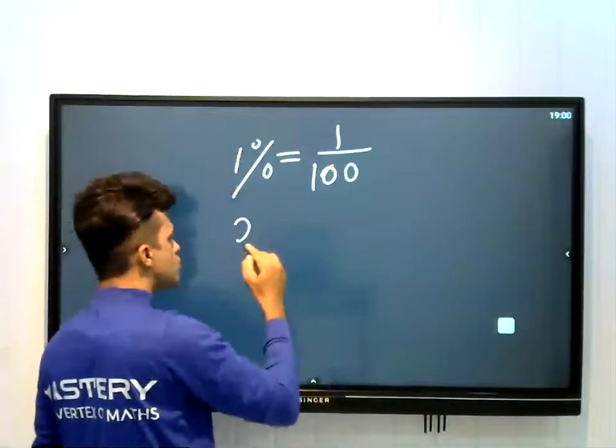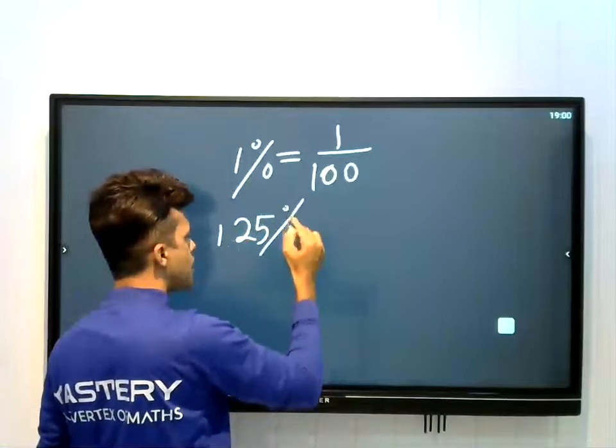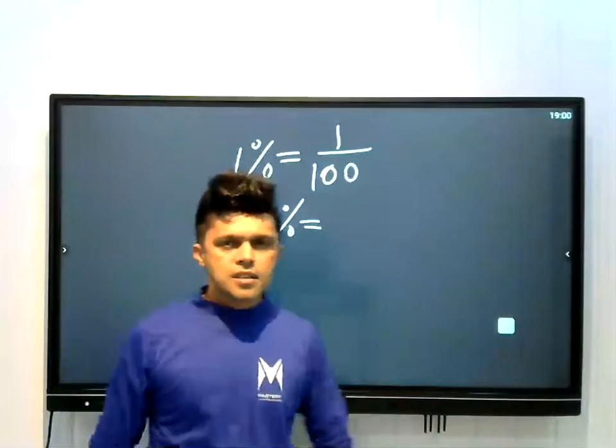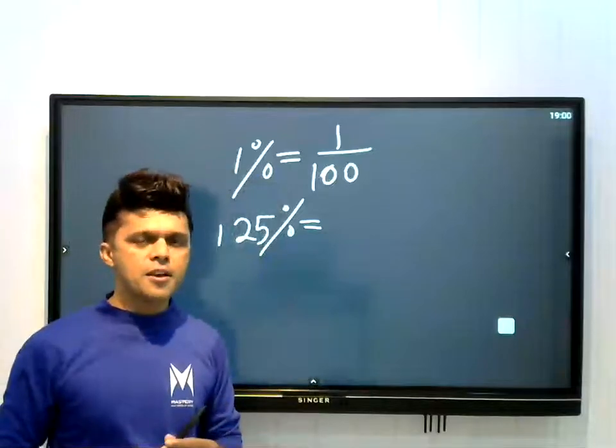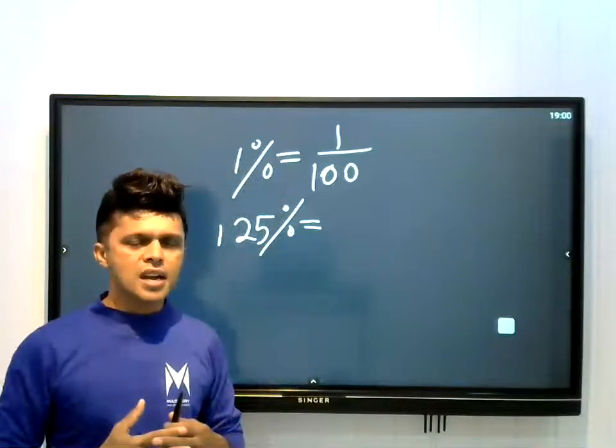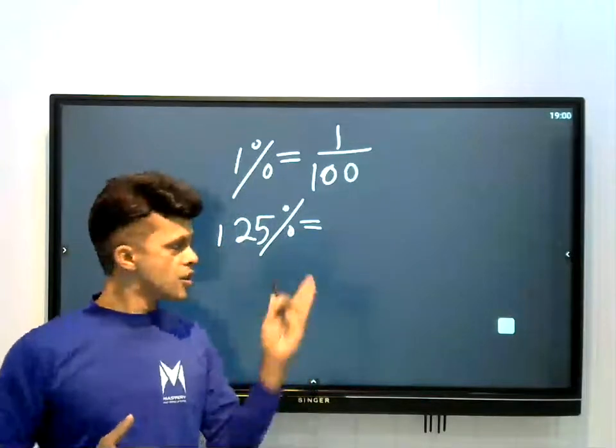What is this one? 125%. Is it able to write this 125%? This is greater than 100. Really, this is not wrong.